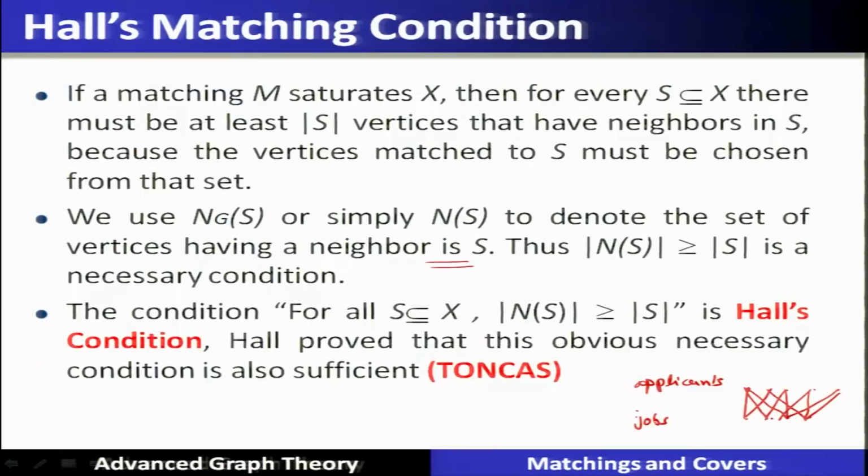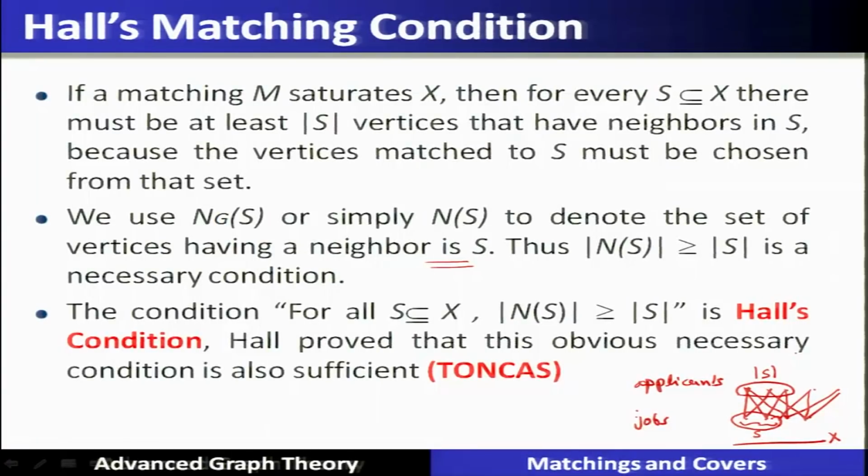What we are seeing is that if this is a subset S out of capital X, then every subset S out of X will have that many in the neighborhood of S, and that is called Hall's condition.